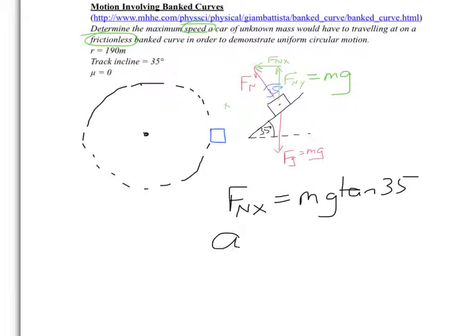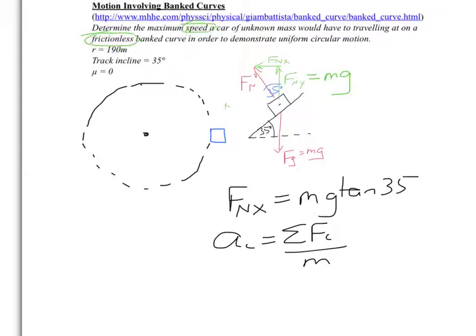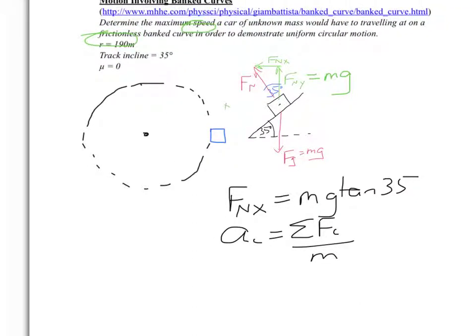Okay, and since this car is accelerating towards the center of that path, we're going to say that the centripetal acceleration has to be equal to the net force, or in this case the centripetal force, over mass. And we know for a fact that the only force responsible for the centripetal force is this normal force in the x plane. So let's plug that in. We have mg tan 35, and all that divided by m.